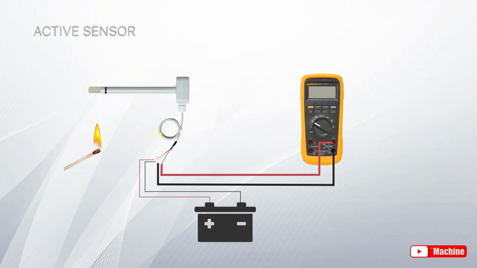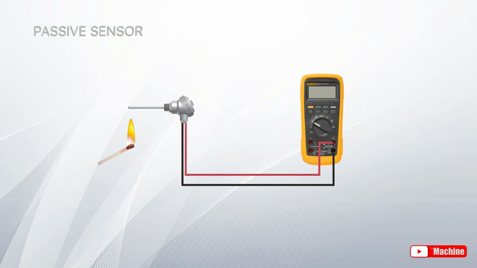The controller will then convert the value coming from the sensing device into a temperature reading. The passive sensors or probes in air handling systems are devices providing resistance values to the controller they are wired with. The resistance value is then converted by the controller.